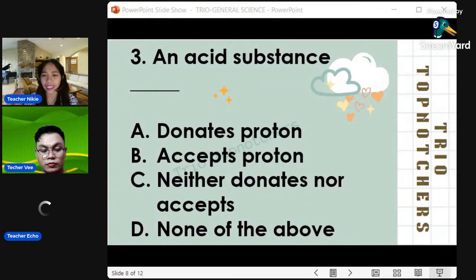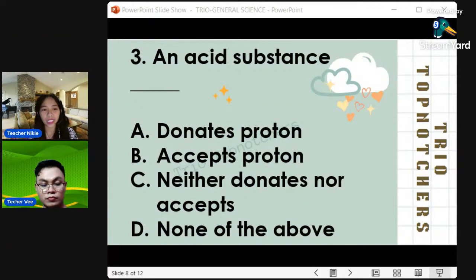May sumasagot ng letter A, may sumagot ng letter D. Okay, so check nga natin kung ano yung tamang sagot. Okay, so ang tamang sagot po dito ay letter A. Okay, so an acid substance donates proton. Again po, ano yung tatandaan nyo? An acid substance donates proton.